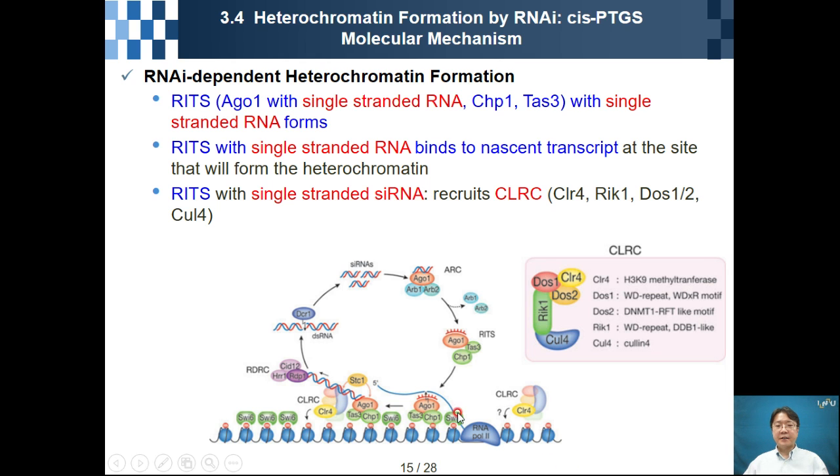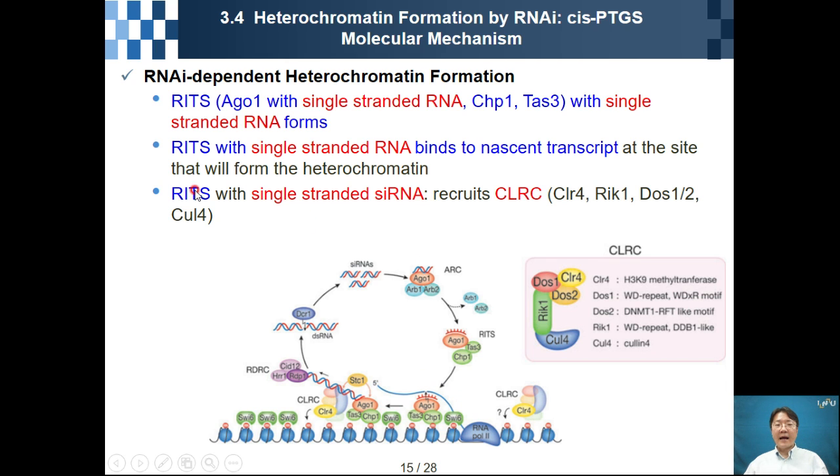RITS is composed of CHP1, which recognizes methylation. We'll see some detailed information later. The important thing is that RITS with a single-stranded RNA binds to the nascent transcript at the site that will form the heterochromatin.